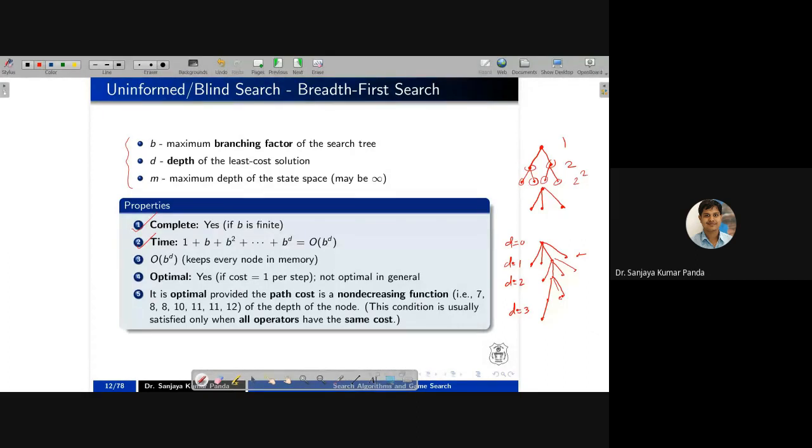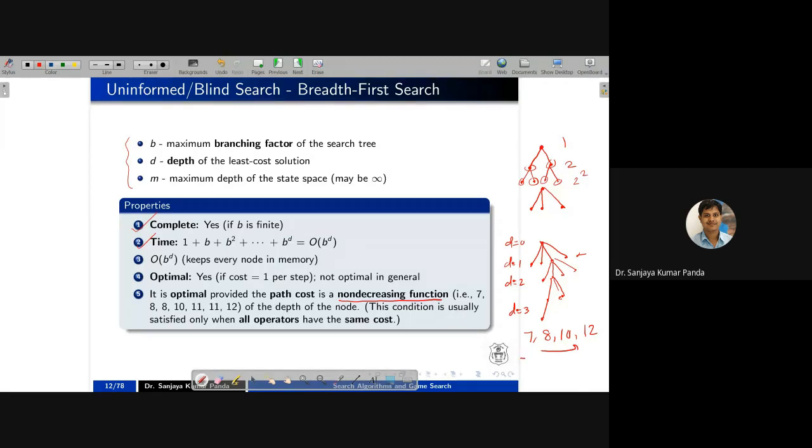It is also important to note here that it is optimal provided the path cost is a non-decreasing function. Non-decreasing function means each and every path has some cost. When you write 7, 8, 10, 12, they are in increasing order.